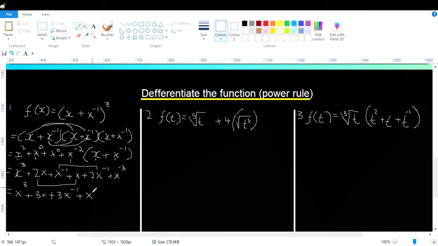Then let's find the derivative of this function. I'm going to use this symbol for derivative.